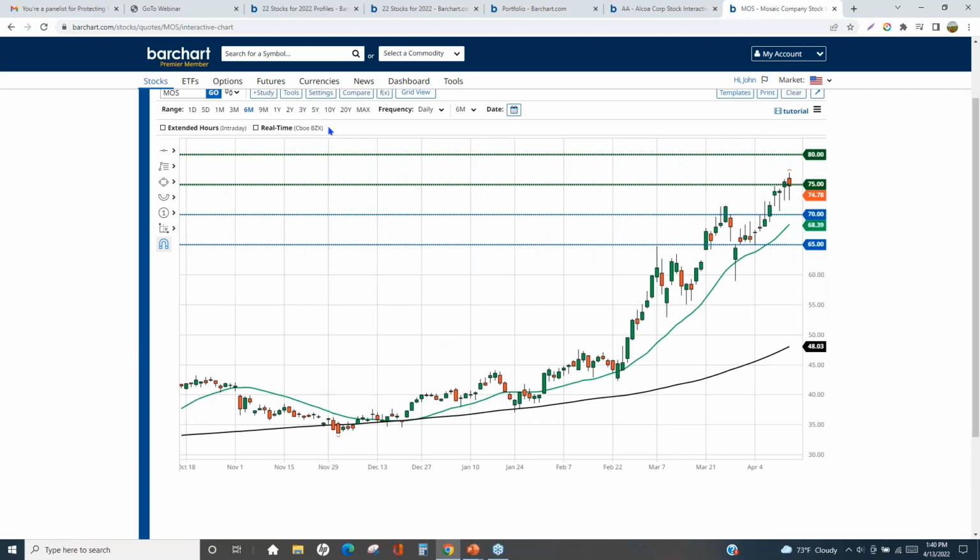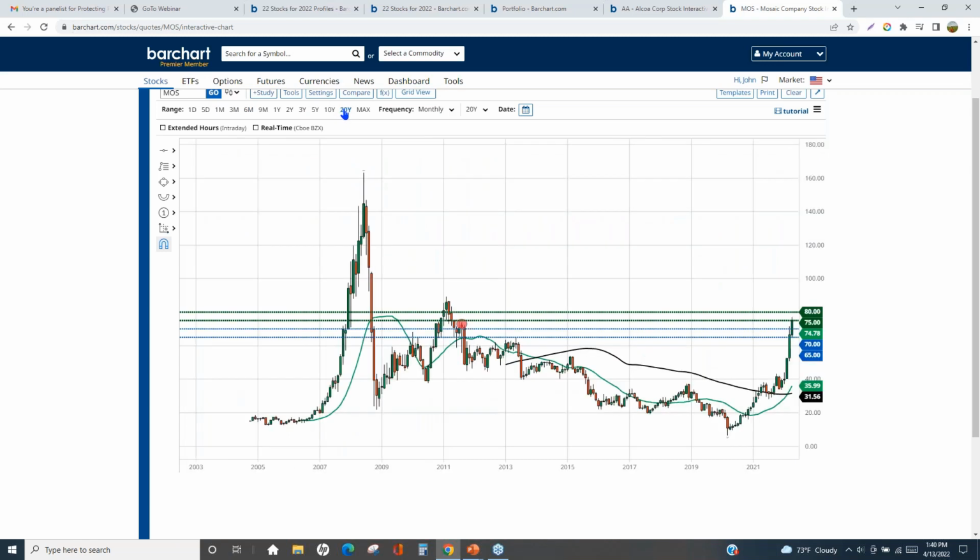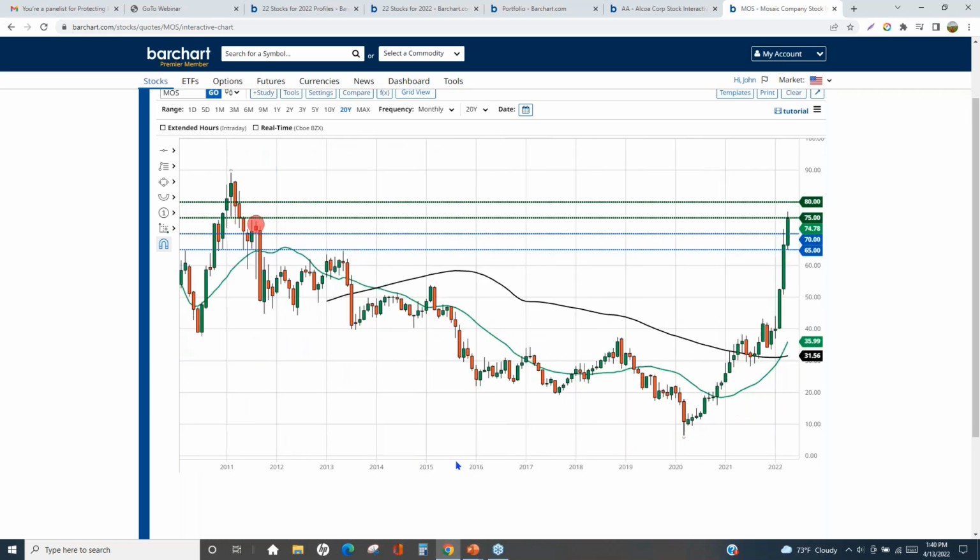Well, if I go back to my chart, I don't really see anything over here. There's nothing for me to look for. But again, if I go to a higher time frame, here we are on a monthly chart, you can see that we are currently coming into an area where we would anticipate price struggling, and certainly we can see it popped above there and is testing that level right now.